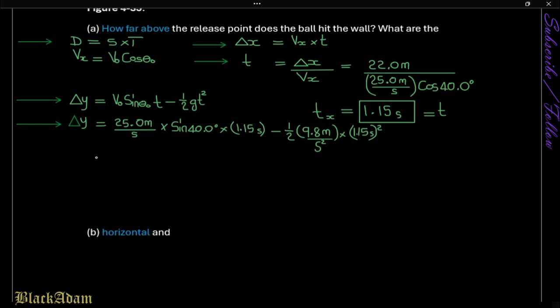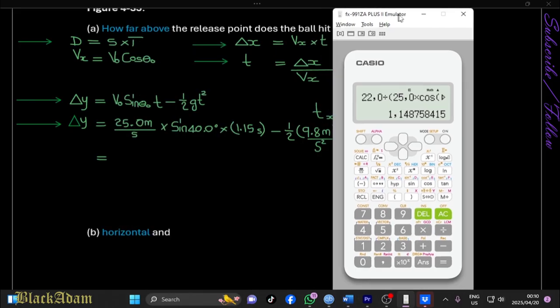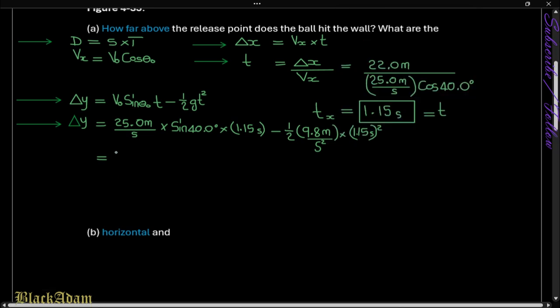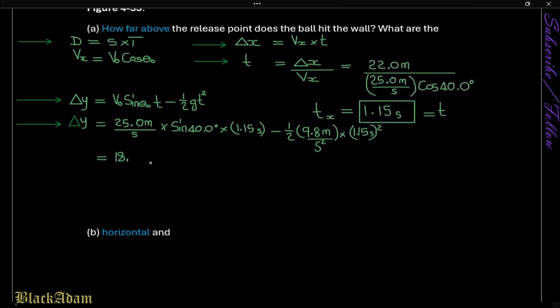Sometimes punching it once won't be helpful, so that part is 25 times sine 40 multiplied by 1.15, giving us 18.48. We're not rounding off yet since it's not our final answer. The seconds cancel and we have meters, so 18.48 meters.